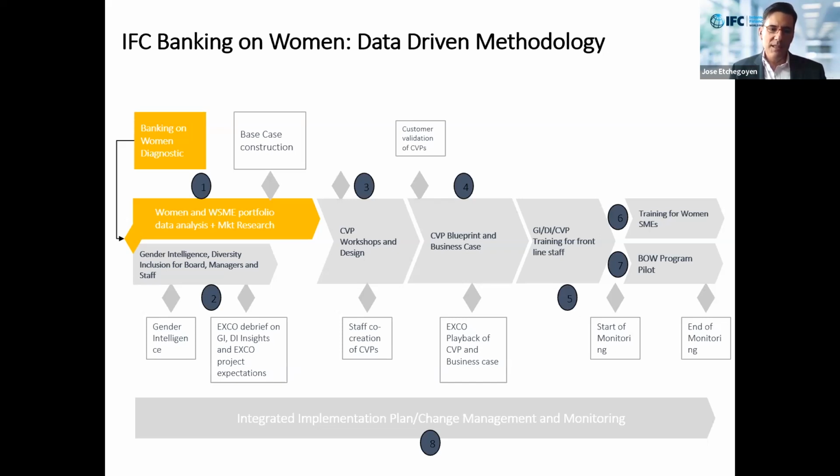What is interesting is that in, I would say, 90 to 100% of the cases, when we present the findings, the bank tends to have the first aha moment. We call it the first aha moment. That is when they realize how big of a women portfolio they have in their books.